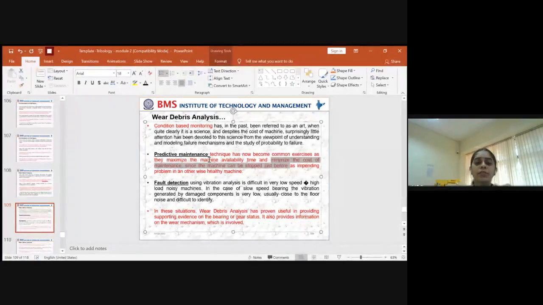If this is achieved, then the machine you're using will be reliable, and hence the availability time, the useful time of the machine, will also be maximized with a reduced amount of maintenance. Since maintenance is reduced, the cost of the maintenance will also be reduced.